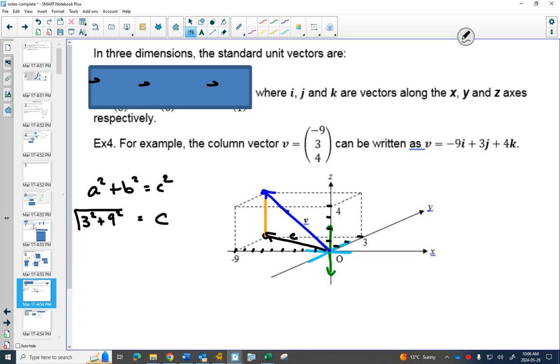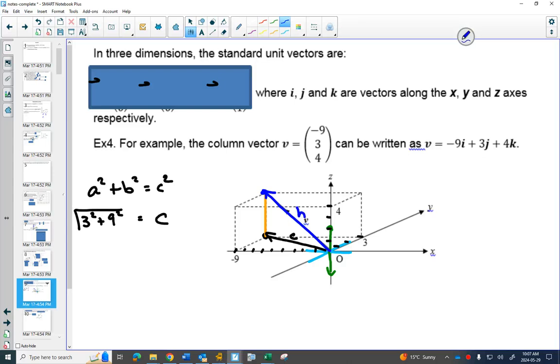Now something very cool happens when figuring out the blue one. Do you see that we made a new right-angled triangle with c? And now if I want to find the blue one, which I am going to call, what letter should we use? H?